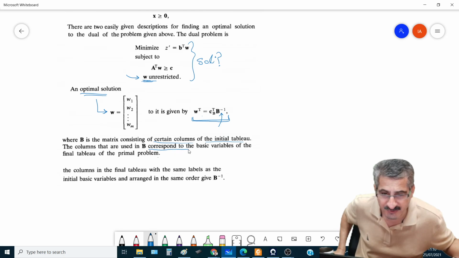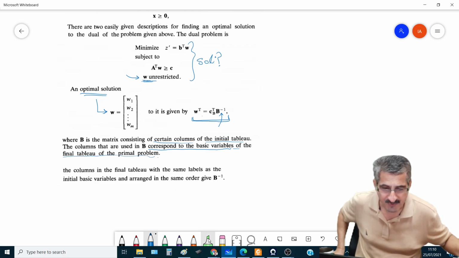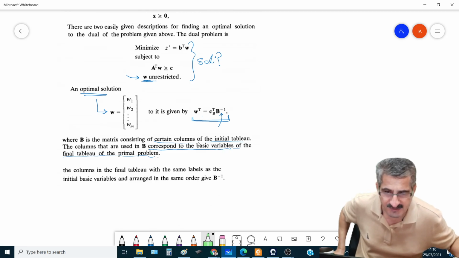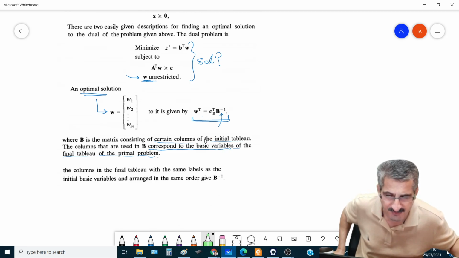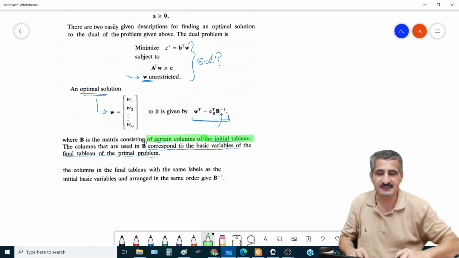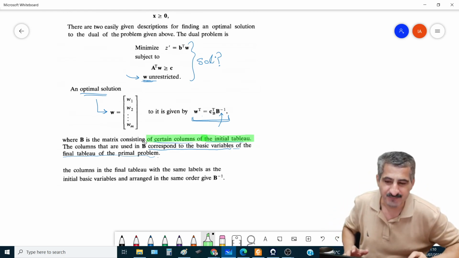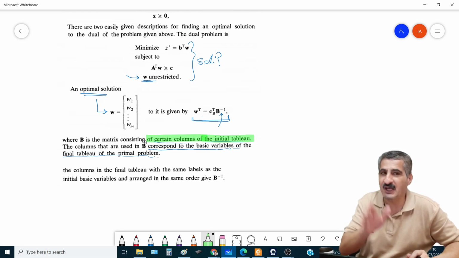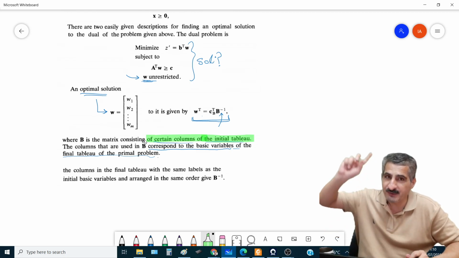I want you to pay attention to this, to the basic variables of the final table of the primal problem. It says the columns are from the initial table. This sentence is kind of confusing. No, it says the columns of B are taken from the initial table.